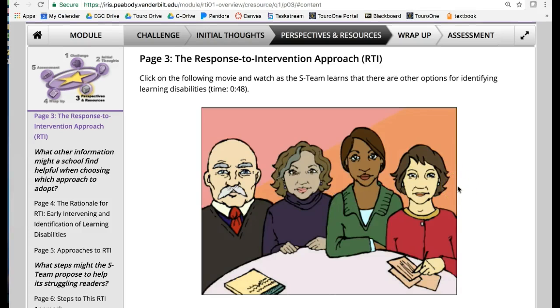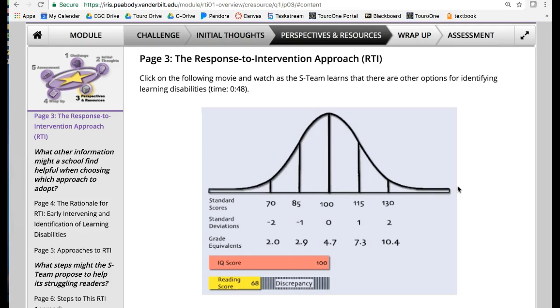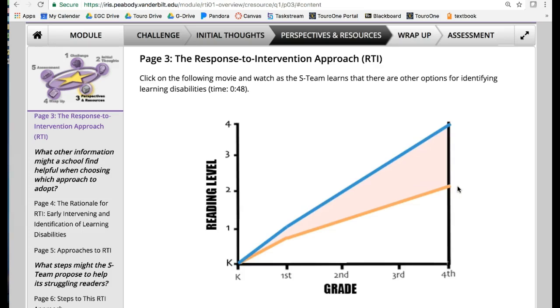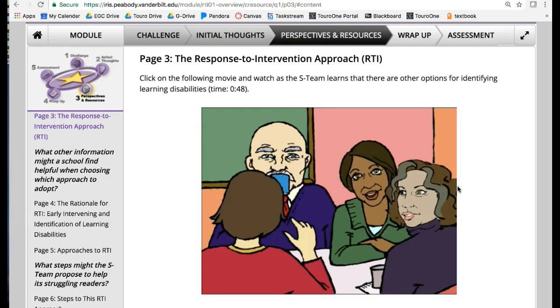Now that the S-Team understands why using the IQ achievement discrepancy model often results in students having to wait a long time before receiving services, they wonder if there is a different approach to use.